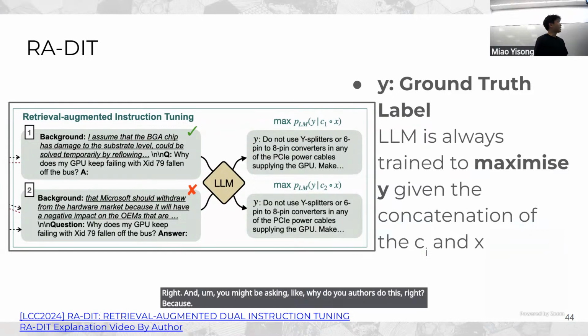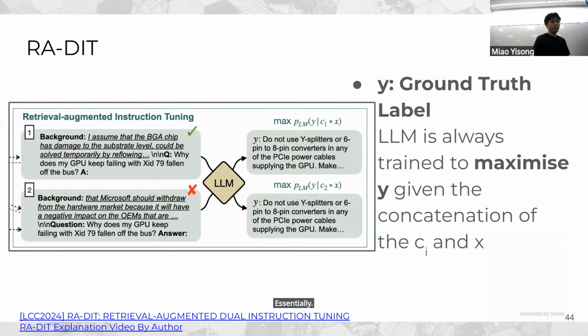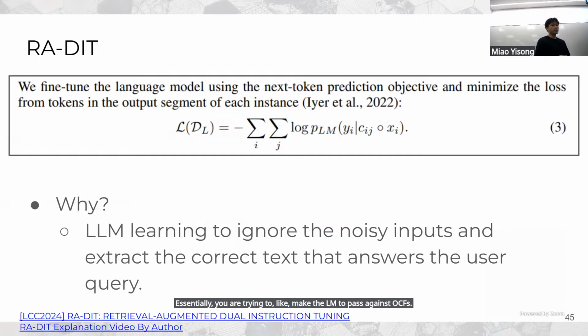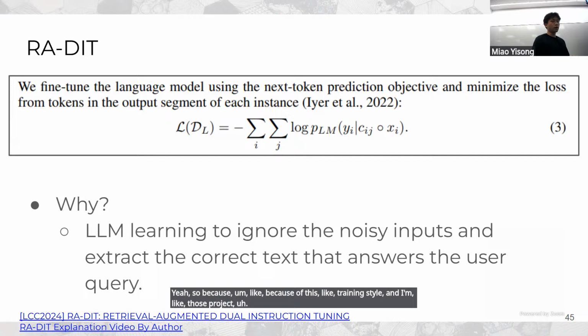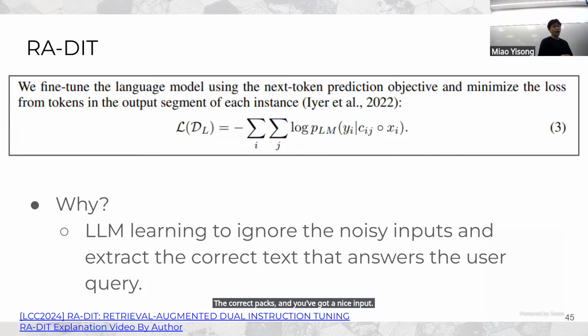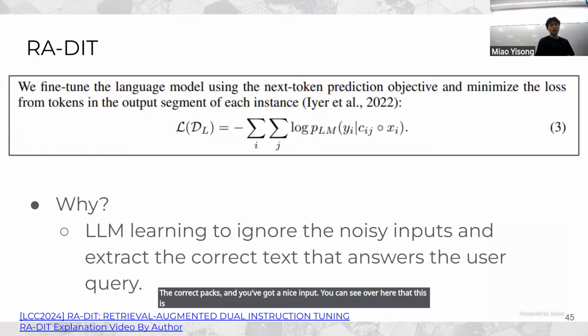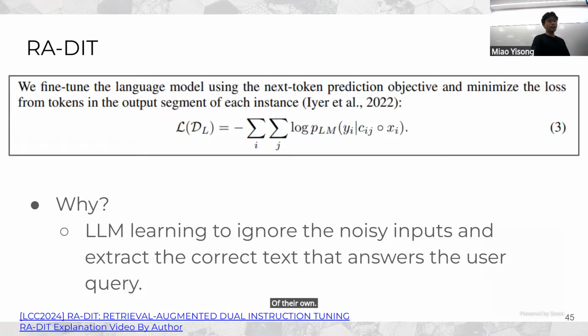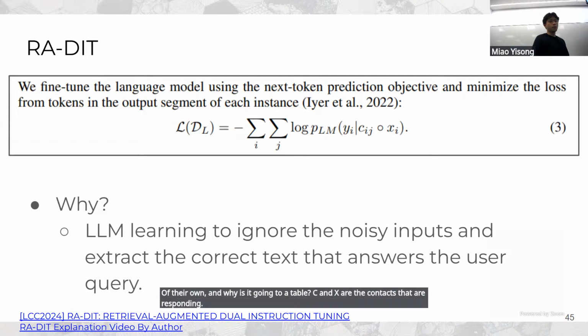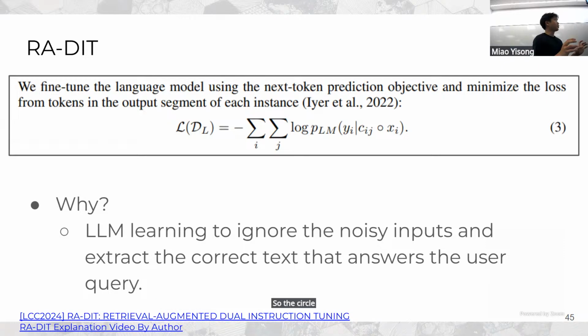Because essentially you are trying to make the LLM robust against noisy inputs. Because of this training style, the LLM does predict the correct label and ignores the noisy input. You can see over here that this is a negative log-likelihood loss of the LLM, and Y is the ground truth label. C and X are the context and the query, and the circle in the middle just means that they are concatenated together.